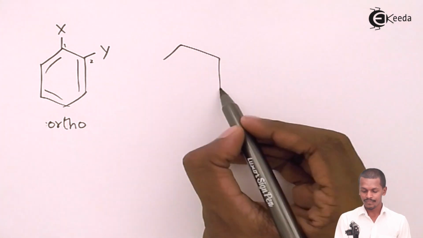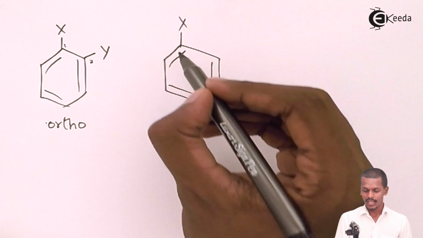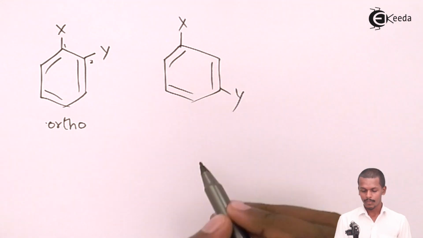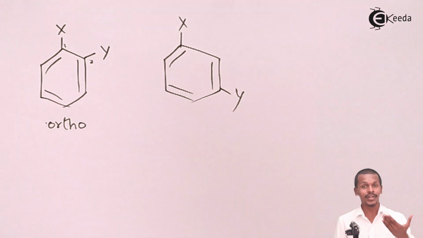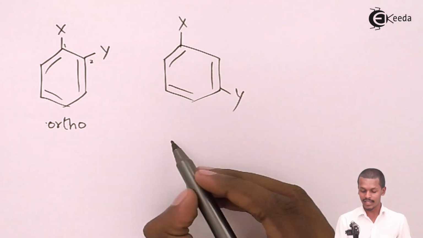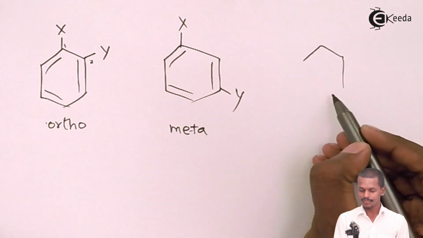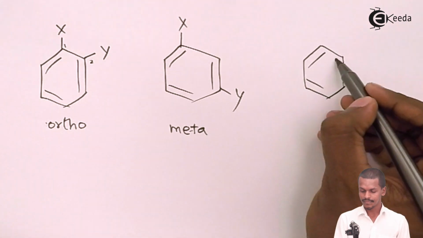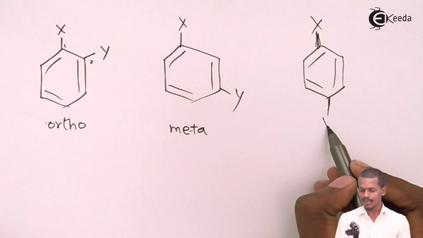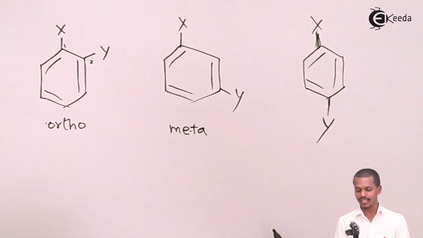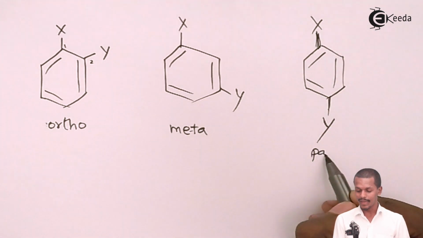Talking about another one, if it is present in this manner where the substitution has happened on the alternate carbon atom, this is called the meta isomer. And in this case, suppose Y has been attached on the fourth carbon atom, therefore it will be called a para isomer.